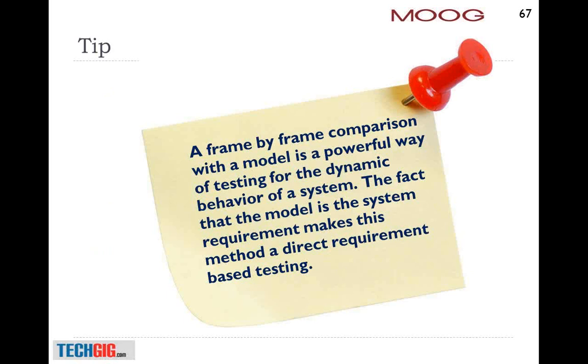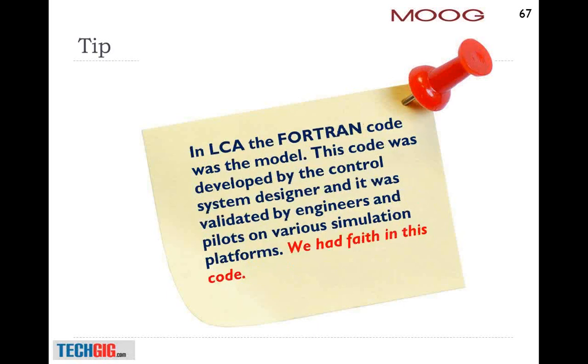A frame-by-frame comparison with a model is a very powerful way of testing dynamic behavior of the system. The model is a system requirement, so it is direct requirement-based testing. That is the way you should be testing any system. If you do a frame by frame comparison, every frame I compare and say my model and this match, I'm very good.